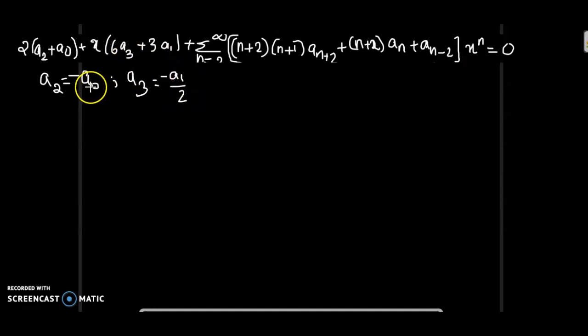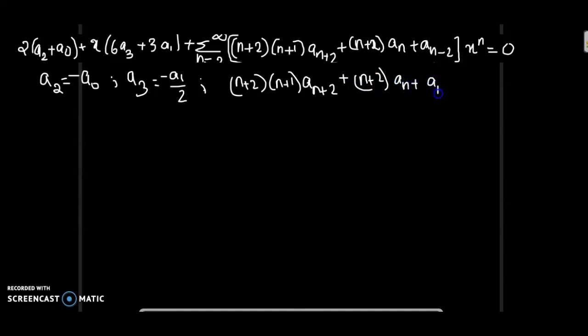Now if I know my a0 and a1, I am going to get automatically all other coefficients. So practically there are only two unknowns, which are a0 and a1. Now let's see what comes from the rest of the summations. Equating those coefficients to 0, we'll have n plus 2 into n plus 1 into a n plus 2 plus n plus 2 into a n plus a n minus 2 is equal to 0.